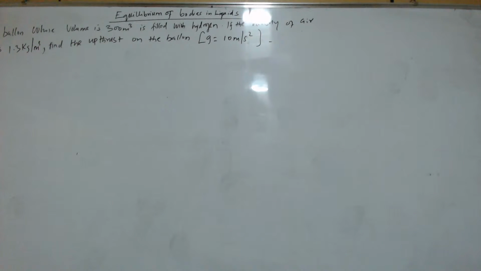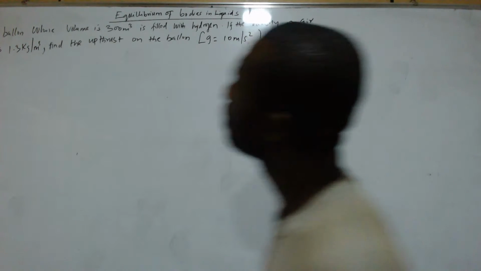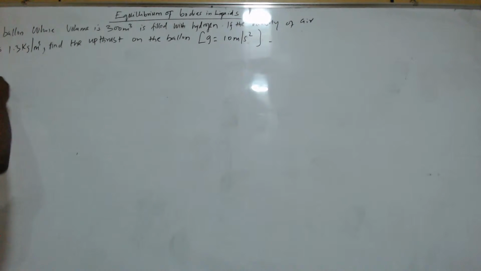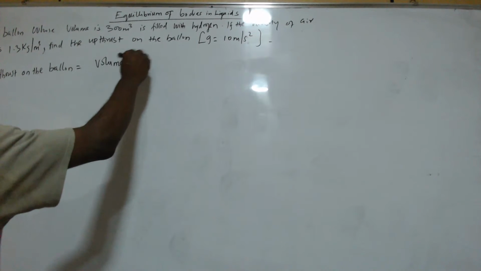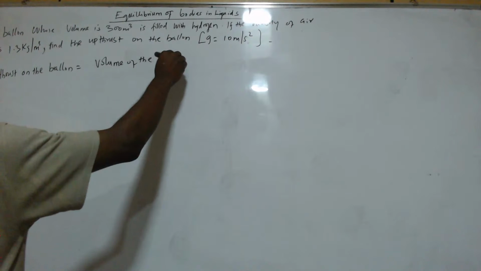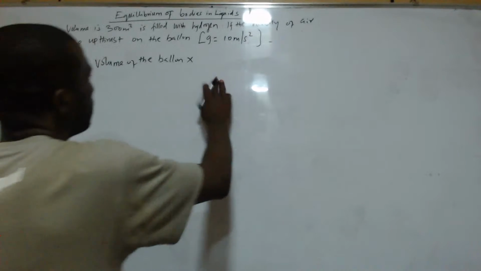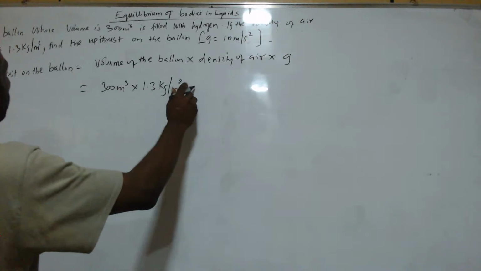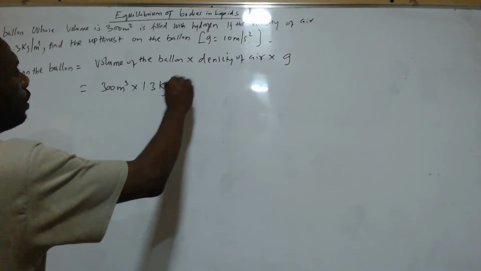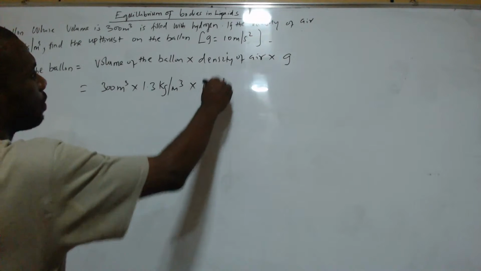So we have that the upthrust on the balloon is the volume of the balloon multiplied by the density, kilogram per meter cube, multiplied by 10 meters per second square.